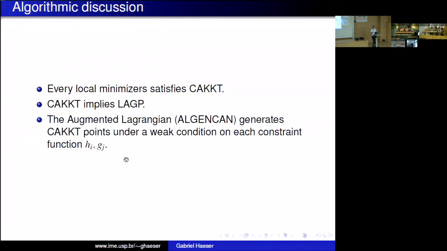It's not a constraint qualification, it's a condition on the function. It's something like sufficiently differentiable: you must have a Taylor expansion of large order. So it's a very reasonable assumption in optimization. So this is what we know. We don't know if other algorithms generate this kind of sequence. We only know that our algorithm generates it.